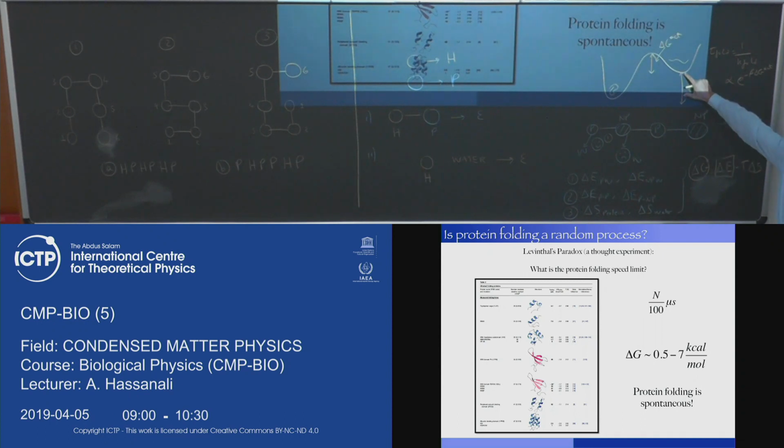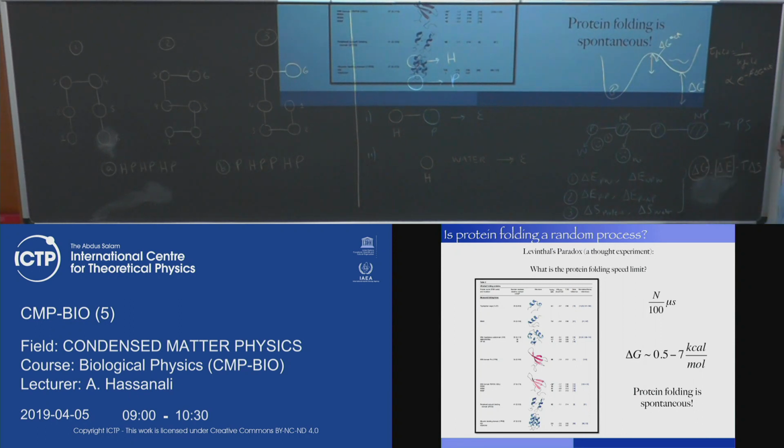This delta G0 is the free energy difference between the unfolded and the folded. That delta G0 comes from an enthalpic change and an entropic change.